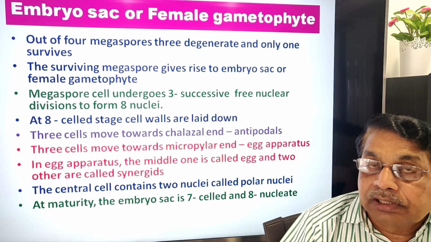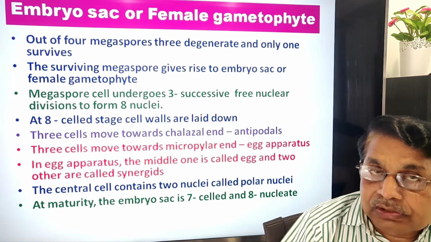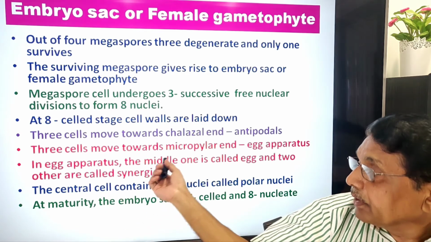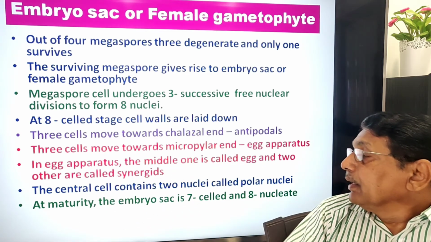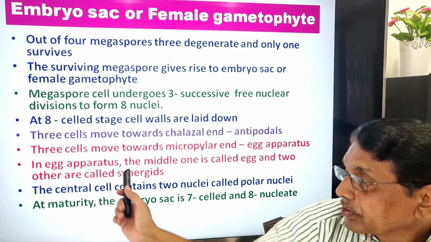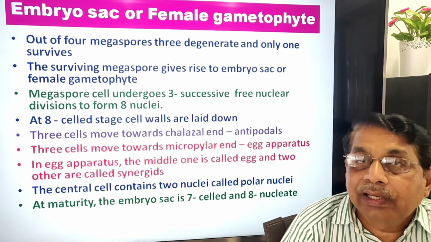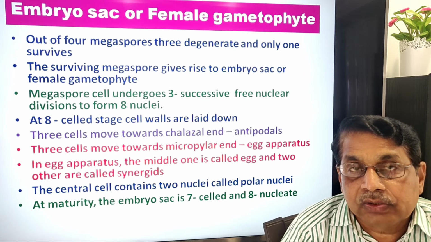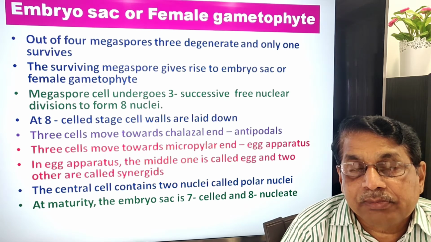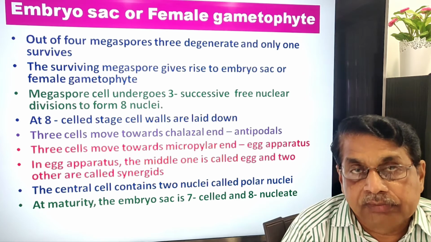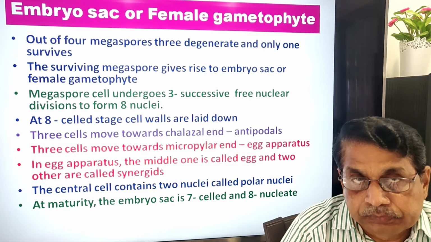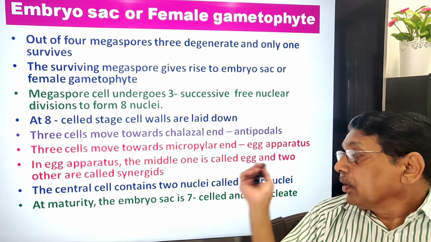Out of the egg apparatus, 2 synergids, 1 egg. In the egg apparatus, the middle one is called the egg and the 2 others are called synergids. The central cell contains 2 nuclei. What are their names? Polar nuclei. Central cell, then polar nuclei.